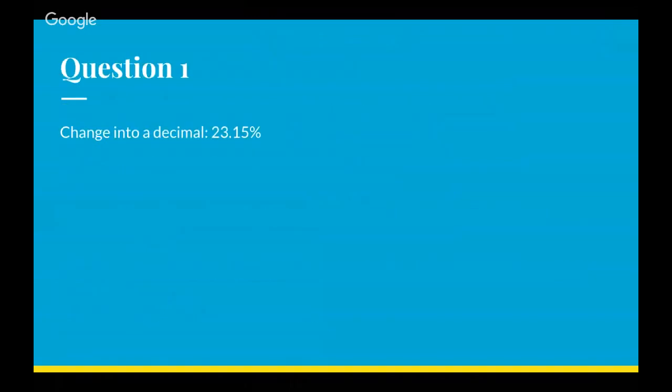Question 1, change into a decimal 23.15%. Answer, 0.2315. Question 2, change -2 5/9 to an improper fraction.